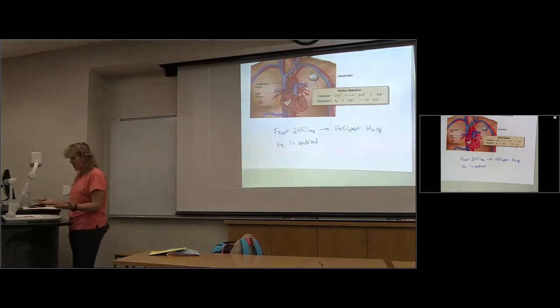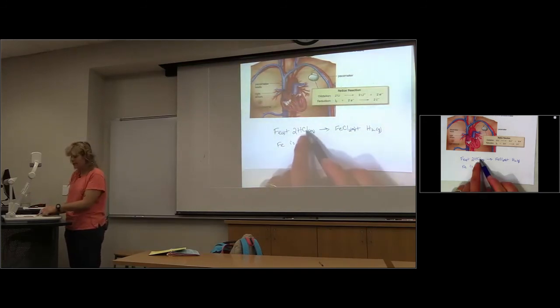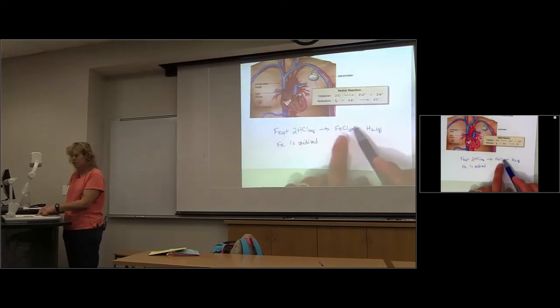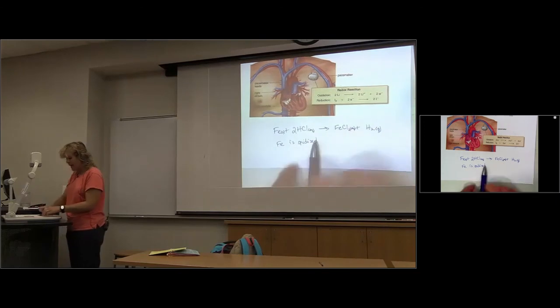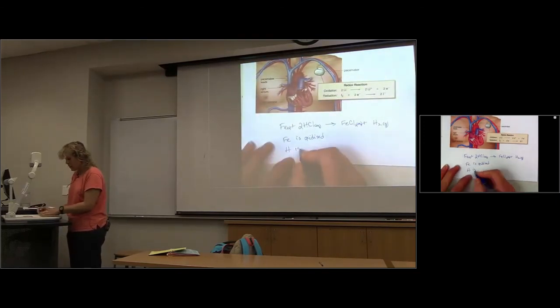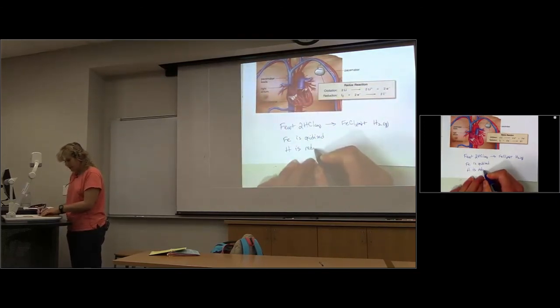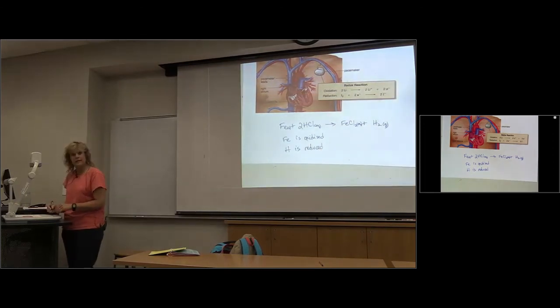Now, who else is having anything happen to it? Hydrogen is. Good job. Chlorine is chloride here, -1, and it's chloride here, -1. So nothing happened to the chloride. But hydrogen is what? Reduced. So iron is oxidized, hydrogen is reduced.